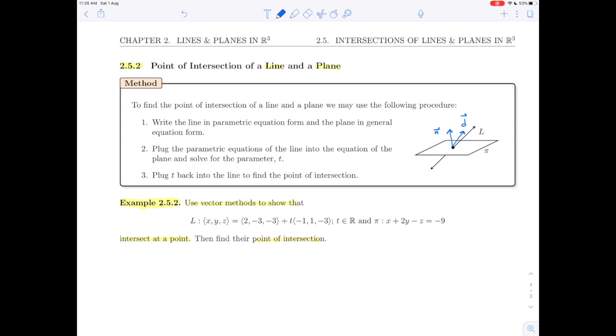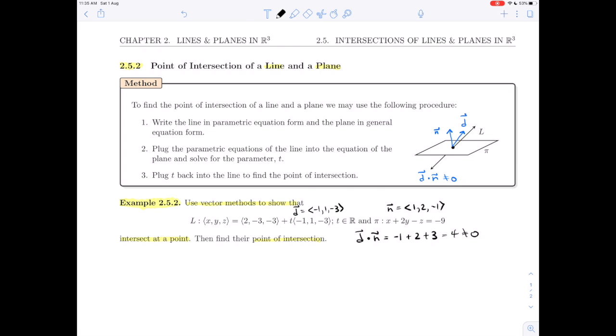In other words, we need to show that the direction vector dotted with the normal vector does not give 0. So that's what we'll start with here. We can see the direction vector of the line is (-1, 1, -3), and we can read the normal vector of the plane as (1, 2, -1), so d dotted with n gives me -1 plus 2 plus 3, so that's 5 minus 1, which is equal to 4, which is obviously not 0.